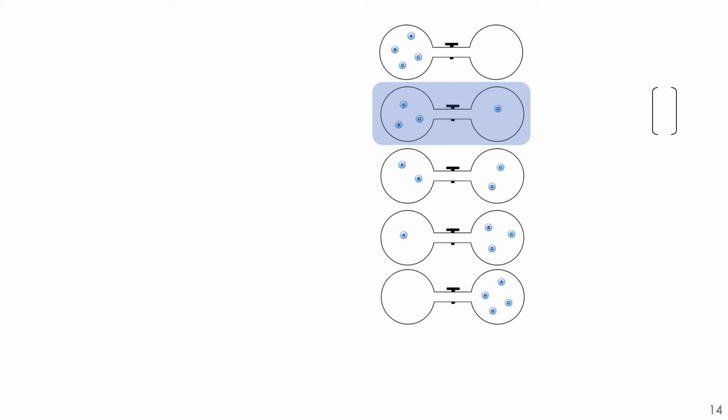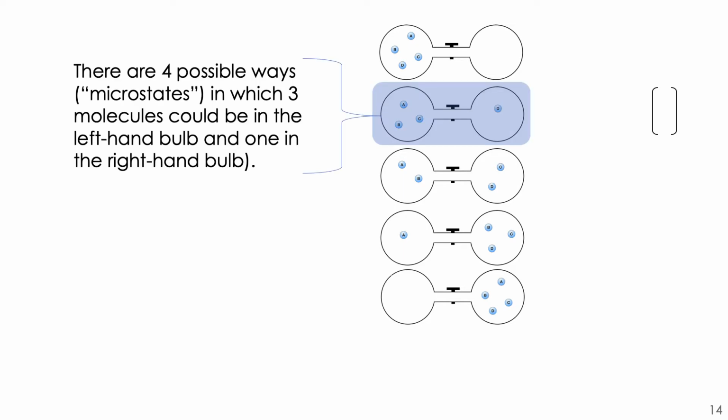If we look at one in particular, let's choose this one. For this macrostate of 3 and 1, we know that there are 4 possible microstates in which 3 molecules could be in the left-hand bulb and 1 in the right-hand bulb.